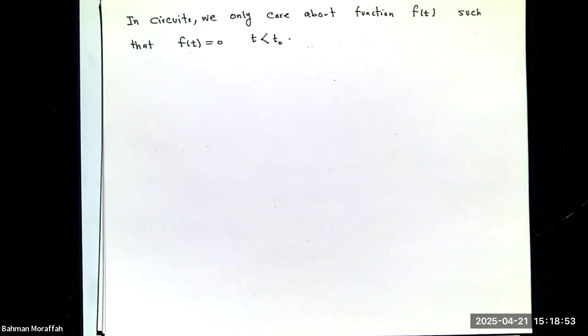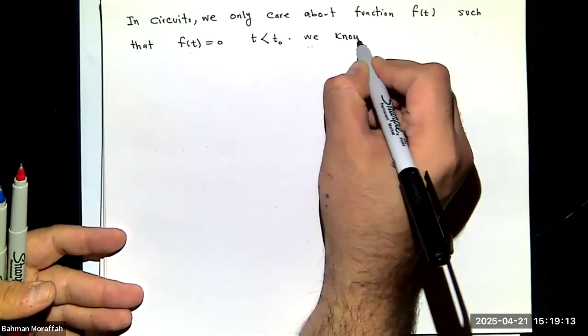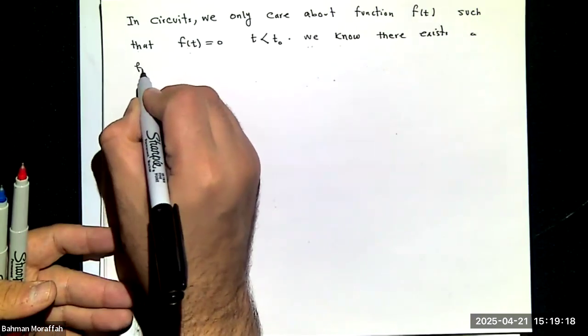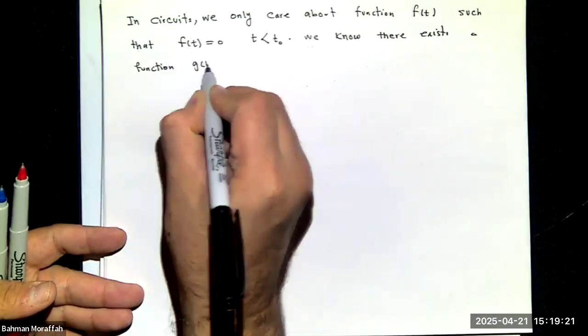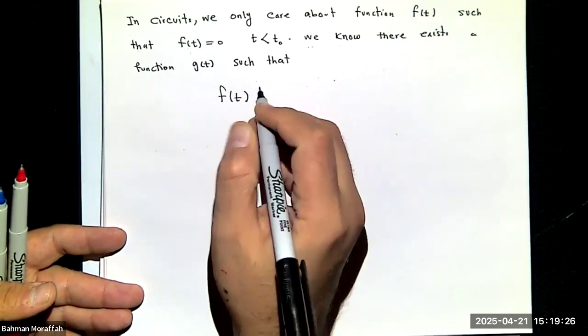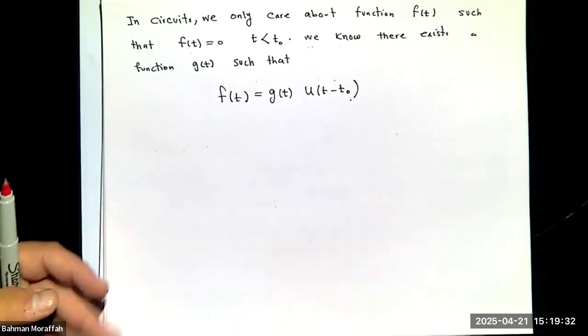How can I represent this function f of t that is defined for all times and not just the times that are greater than t naught? Well, we just defined a step function, right? So we know there exists a function g of t such that f of t can be written as this g of t times u of t minus t naught.